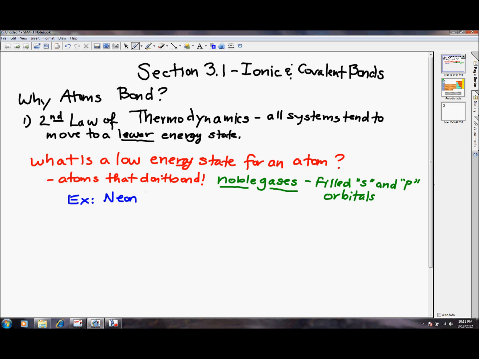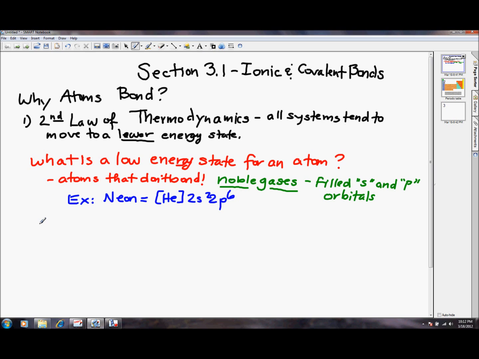And if I do the shorthand for neon, that would be helium, 2s2, 2p6. Okay? So the s is full with 2, that's the maximum s can hold, and the p orbitals have 6, that's the maximum the p orbitals can hold.